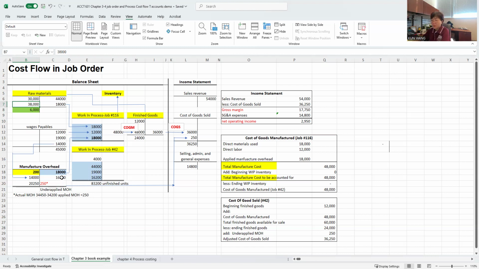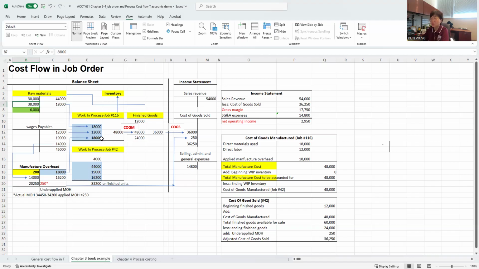Overhead, we have applied overhead for 116 and 42. So check the book for how they get the numbers, the calculation, the rate of the overhead, and also the actual, I believe machinery hours is the cost driver.